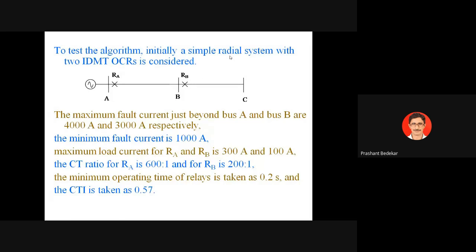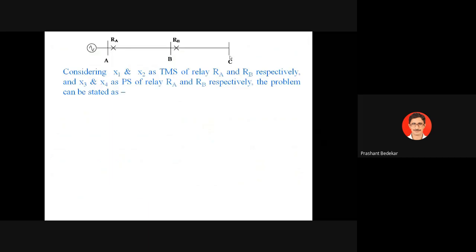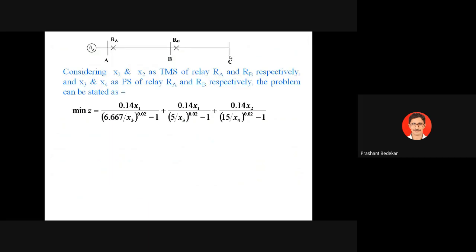Likewise here, now you should be able to formulate the problem properly. Let's see the formulation of the problem. Here, as the plug setting is not fixed, for two relays, there will be 4 variables. Time multiplier setting of relay A and relay B, 2 variables, x1, x2, and plug setting of relay A and relay B, because I have to find out the optimum value of plug setting also.